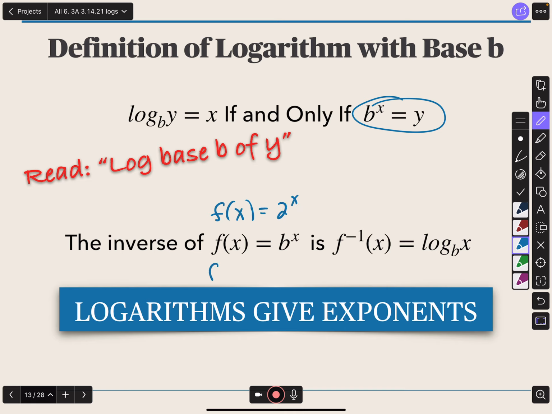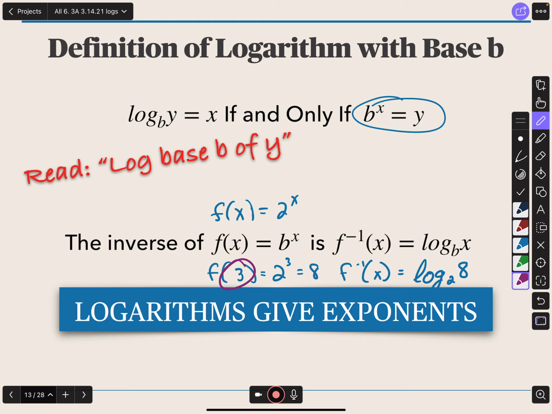If I wanted to find f of 3, for example, it'd be 2 cubed, which gives me 8. The inverse function would take the 8, so it's log base 2 of 8, and it would convert it back into the initial value I put in.